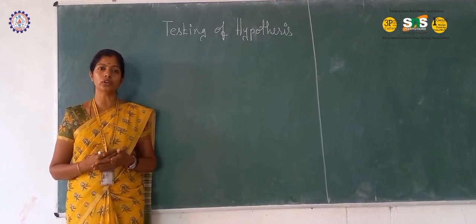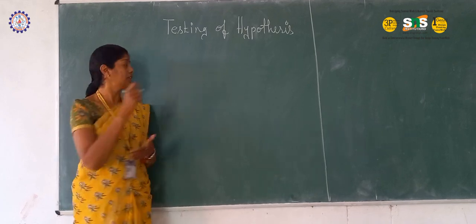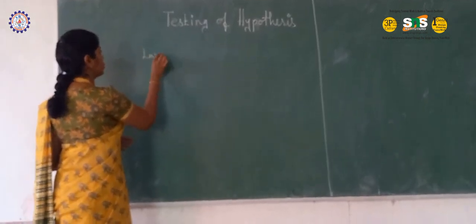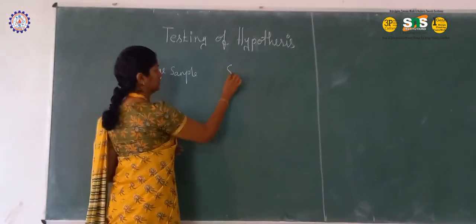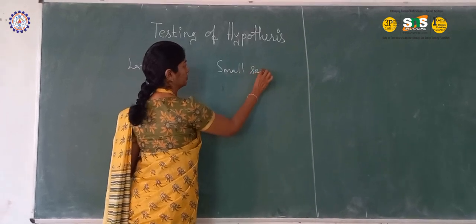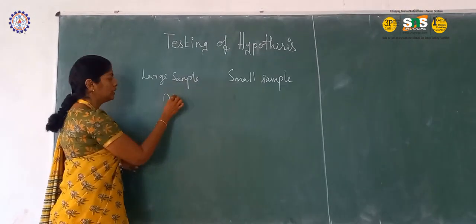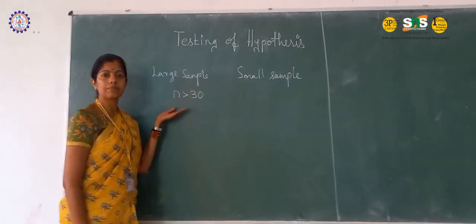Next we move to types of test. In types of test, we have large sample and small sample. Large sample means we have 30 and above as the sample size.